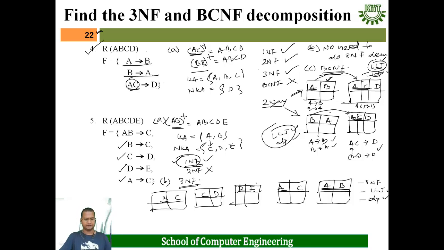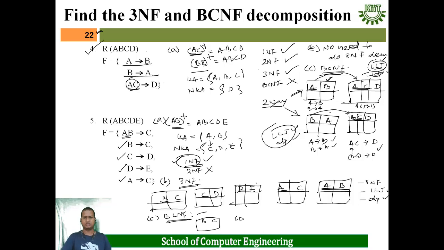Okay. Now we will do the BCNF decomposition. In BCNF decomposition, which one is creating a problem? AB is your key. This is not creating a problem, all others are creating a problem. That means for all others we have to create one table. For BC we have to create another table.